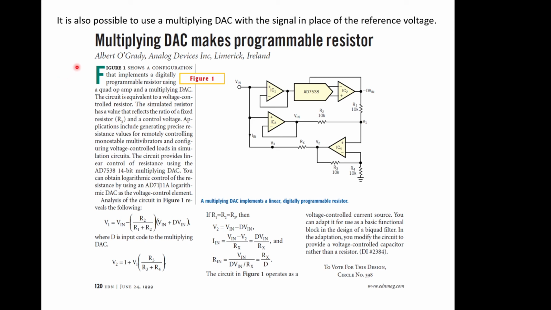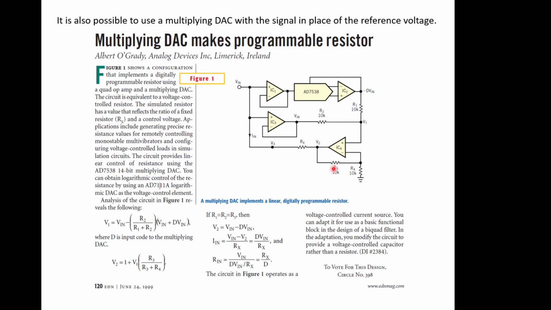For those of you who are interested in analysing interesting circuits, it looks like a complicated circuit, but you can analyse it with nodal analysis and basic circuit techniques, and you can show that if you implemented this and controlled the value of this digital to analog converter digitally, you can make a digitally controlled resistor, and the resistance is measured between this point and this point. So this whole block looks like a big variable resistor across here.